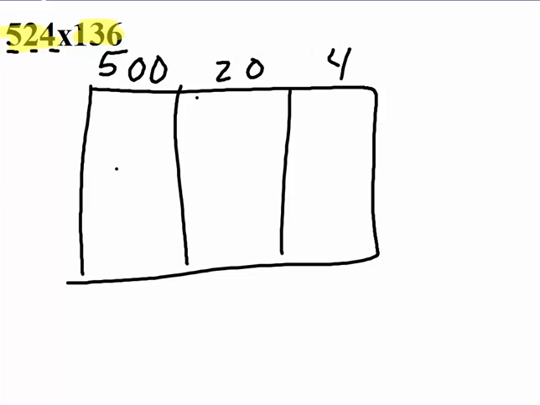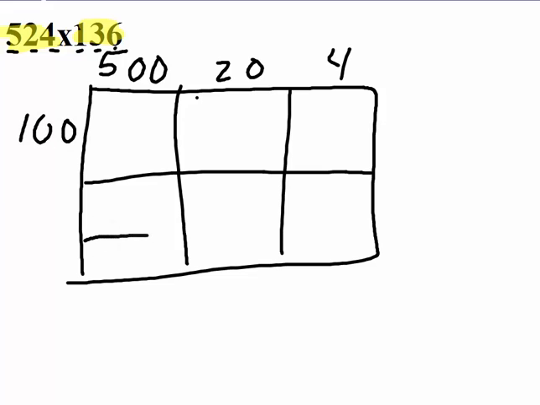So instead of saying 5 in my 100 spots like I've done before, I'm just putting that 500 up there. Here's my different part now. I'm going to break this up by 136 as well. So I'm going to have 100, a 30, and a 6. It's going to look a little bit similar to how maybe you've done arrays before.